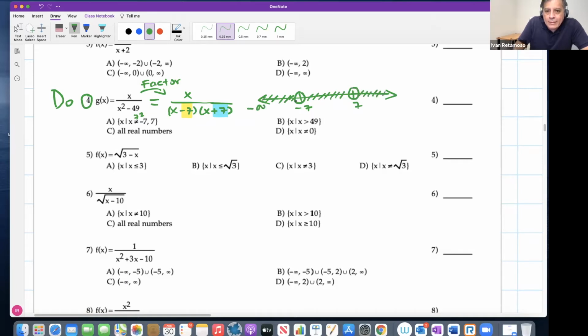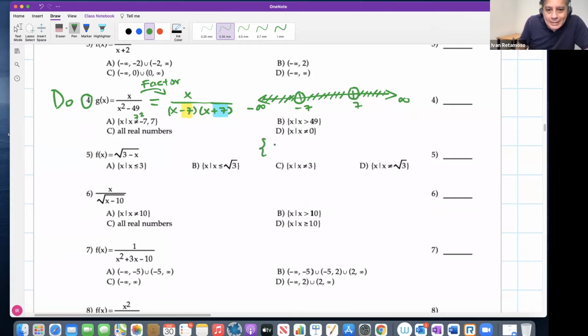This is negative infinity, this is positive infinity. So now, as an interval, this should be from negative infinity to -7, union -7 to 7, union 7 to infinity, right?